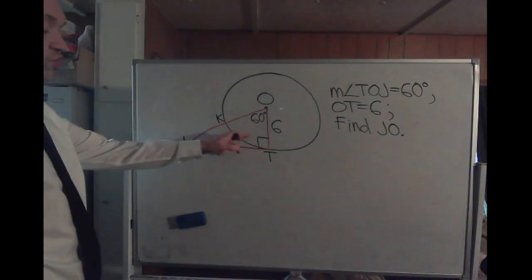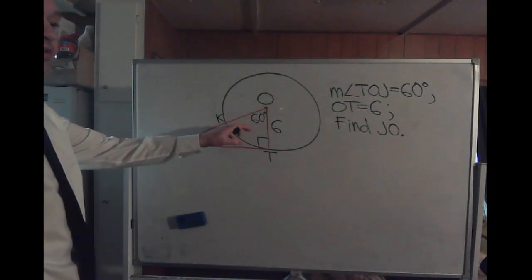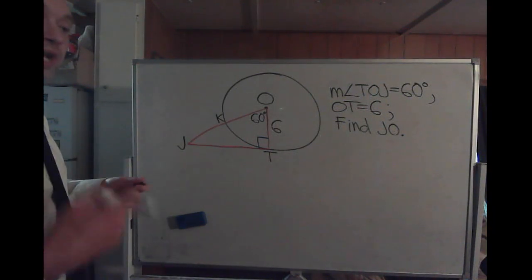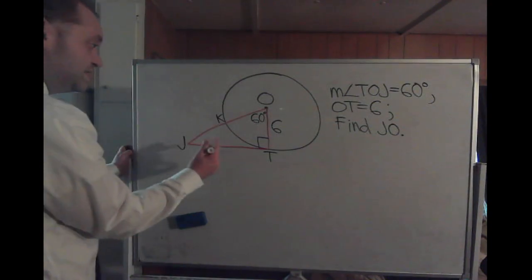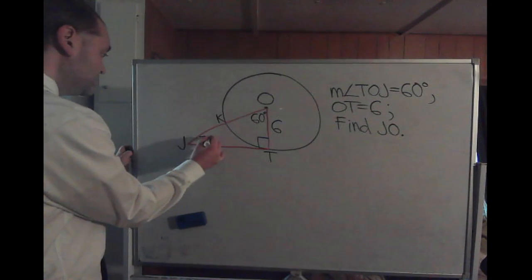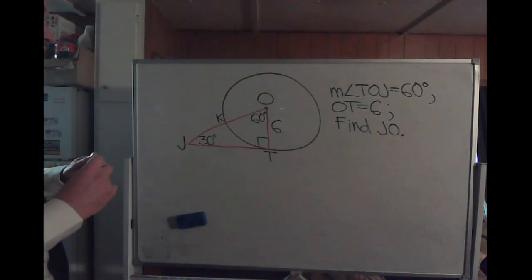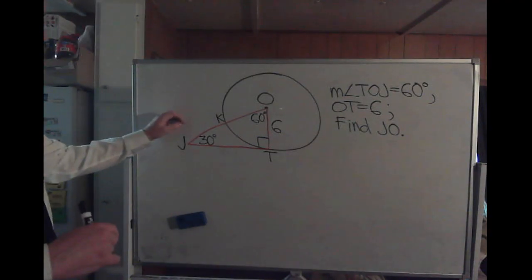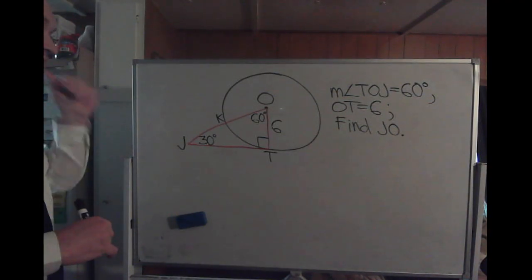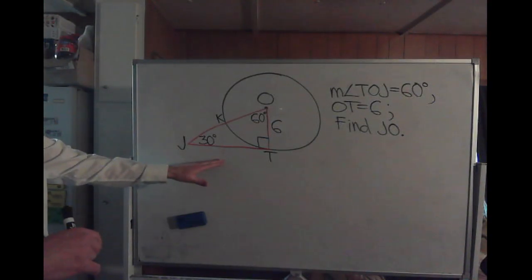Well, you have a right triangle, and then you have a 60 degree angle as one of the acute angles. We know that the acute angles of a right triangle are complementary, so that means angle OJT would have to be 30 degrees. Angle J would have to be 30 degrees. So now we can actually very easily find the length of hypotenuse JO because we have a 30, 60, 90 right triangle.